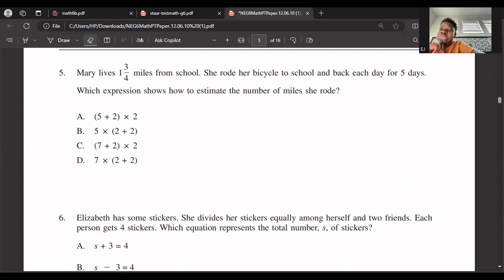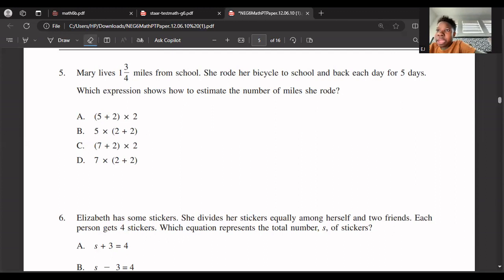Going and returning, that's to and fro. So to school and from school is 2 plus 2. 5 days becomes 2 plus 2, then times 5. So look at the option, which one gives you that value? Which option gives you? B, correct. The answer is B, okay?